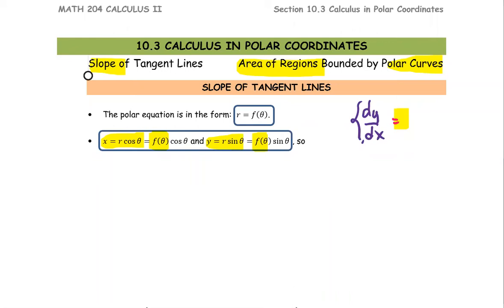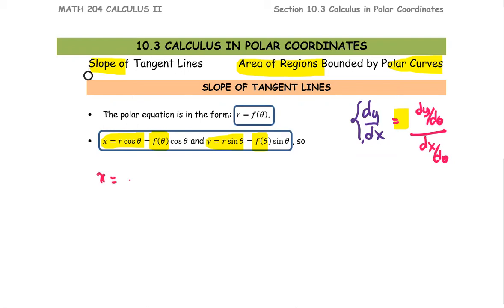As x and y, consider the parametric equations. So dy by dx is dy by d theta divided by dx by d theta, or the derivative of y divided by the derivative of x with respect to theta.